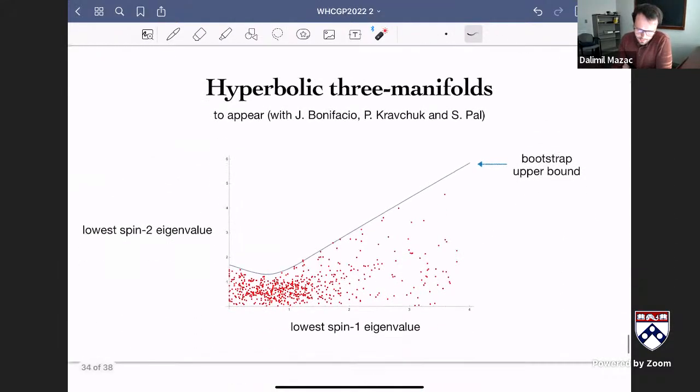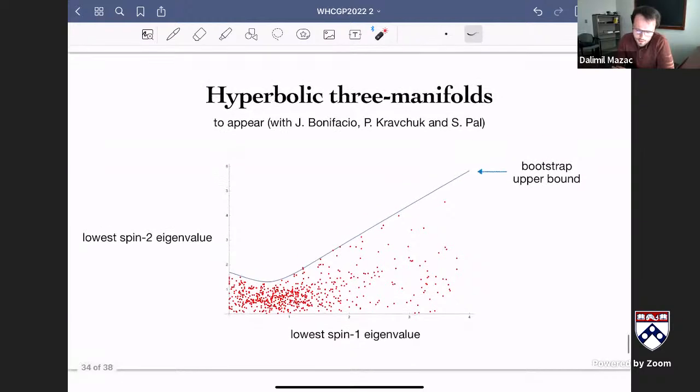Okay, and finally, some work in progress about 3-manifolds with James and Petr and Sridip. Here's a picture from our upcoming paper, where on the horizontal axis is the lowest spin 1 eigenvalue of hyperbolic 3-manifolds, and on the vertical axis is the spin 2 Laplace eigenvalue, where the spin refers to the rank of the bundle that we are acting on.